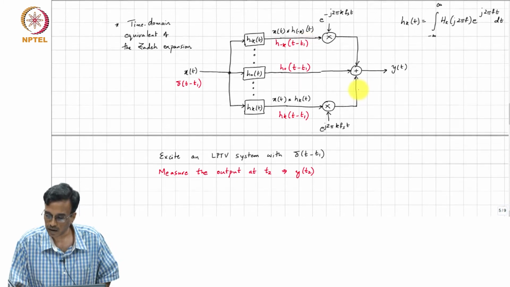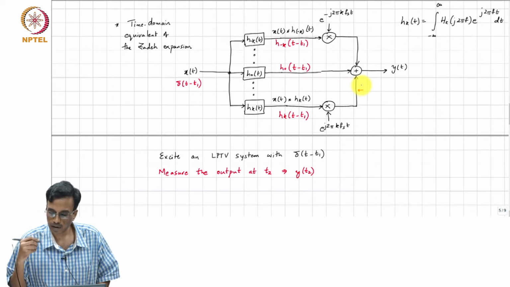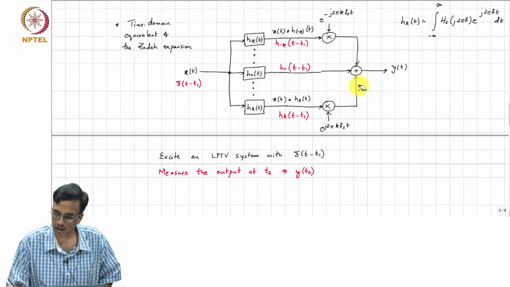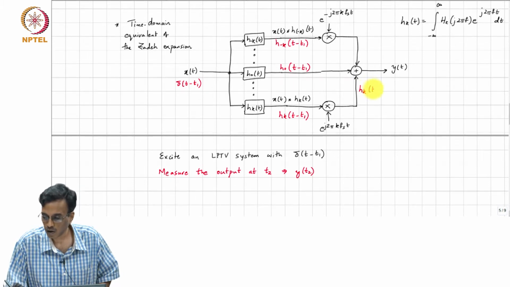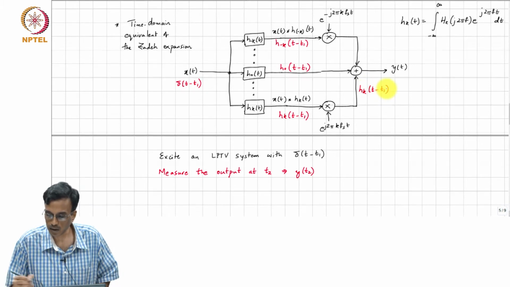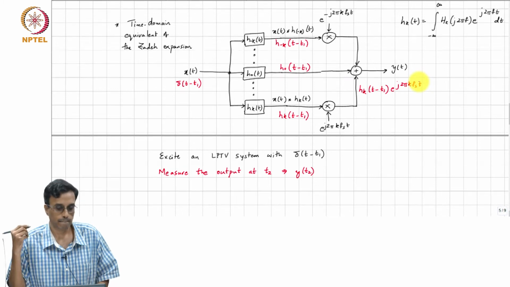So, what will you get here? It is like multiplication. You will get h sub k of t minus t1 e to the j 2 pi k f s times t, right.